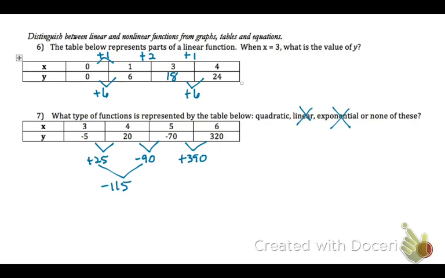To get from -90 to 390, we would need to add 480. So we can tell that this is a none of these function.